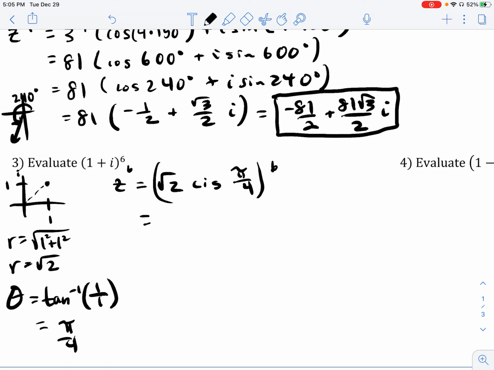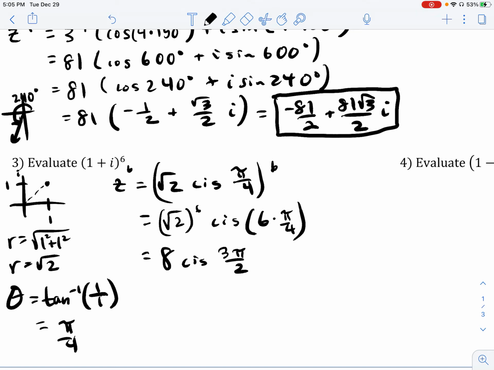What would we get? We would get √2 raised to the 6th power, cis 6, which is our n value, times pi/4. Well, √2 raised to the 6th power, that's just going to be 2 raised to the 3rd power. So there's 8 cis, and simplified we get 3pi/2.